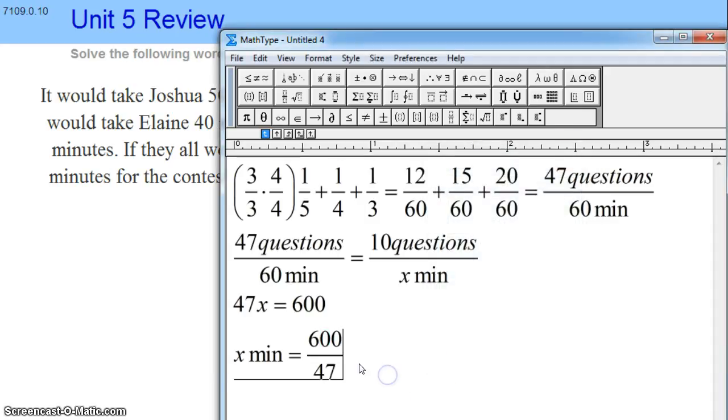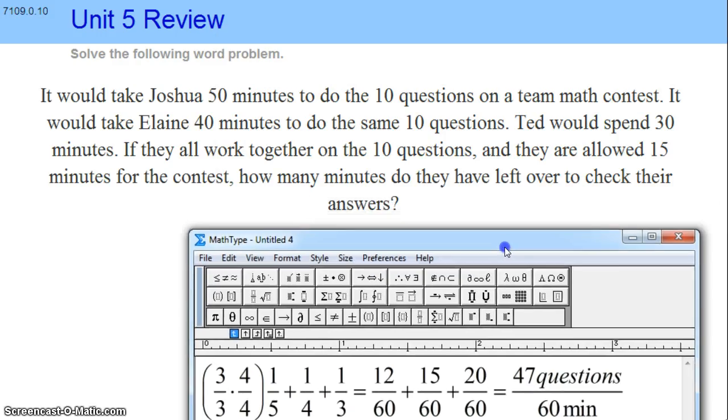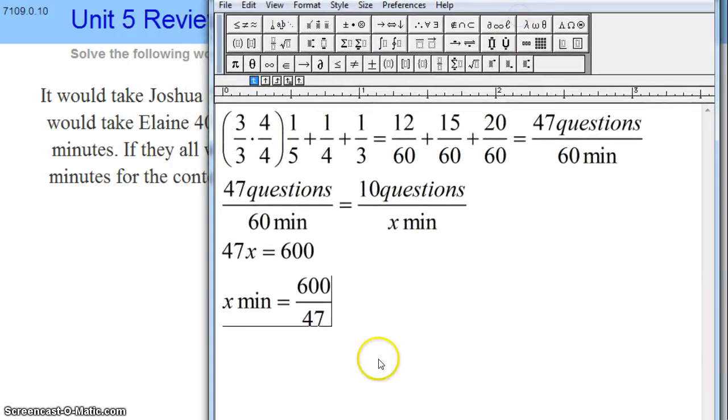And so the question asks, how much time do they have left to check their answers? So this is how long it takes them to do all the questions, and then we'll say 15 minutes minus this number of minutes will give us how long they have left over. So again, 15, and we want a common denominator, so we're going to multiply that by 47 over 47.